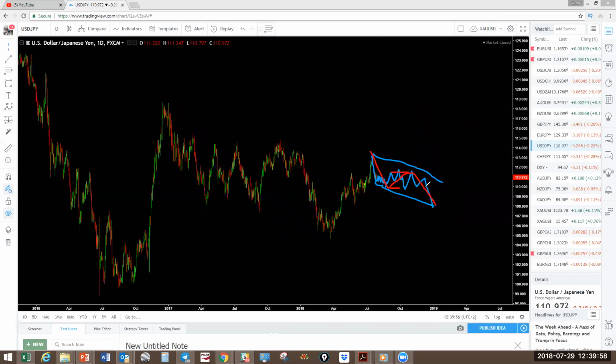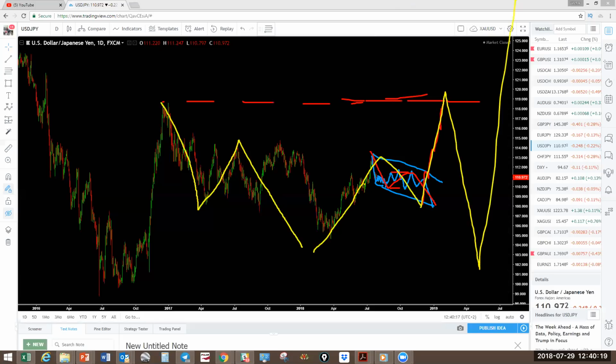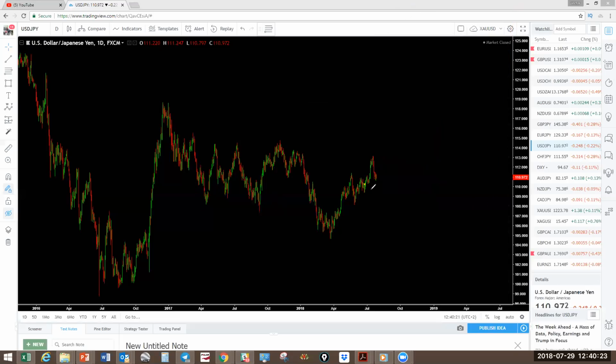So the deeper it is, the more confirmation it is that this will retest the previous high in that level. Okay, and then this will be a 1, 2, 3 wave move, a 1, 2, 3 wave move, pulse down and up. Clear like that. So US dollar JPY, a little bit bearish, but it will be slow.